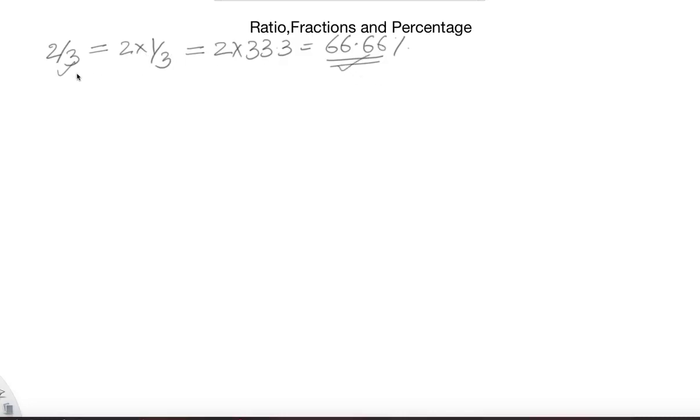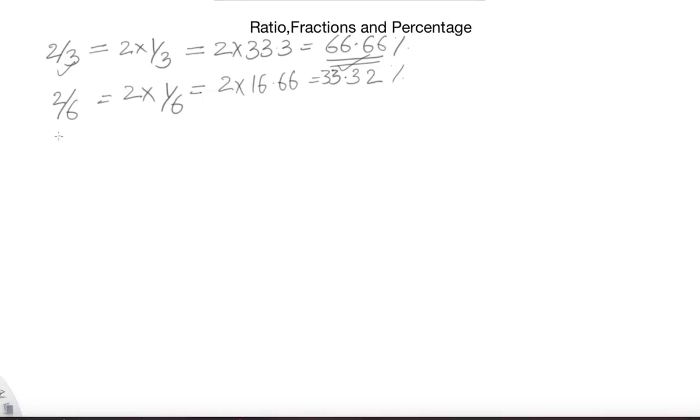Similarly, suppose we need to find the percentage of 2 by 6. 2 by 6 is again nothing but 2 into 1 by 6. 1 by 6 is 16.66, and 2 into 16.66 is nothing but 33.32 or whatever, 33.